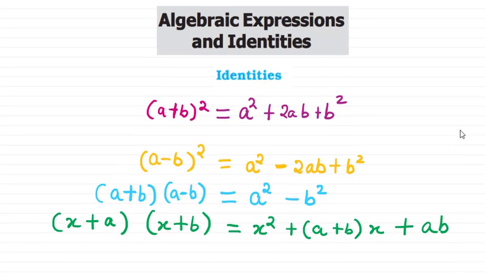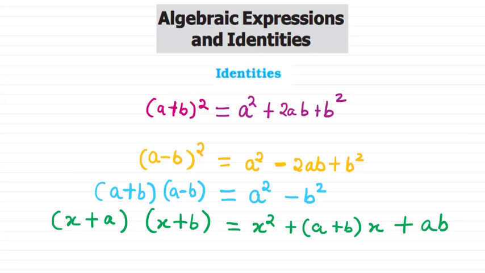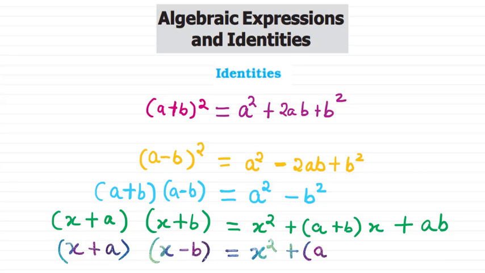And in case you get a negative sign in these, that can also be solved with this. It's also very easy. If you have x plus a as your first term and the second term is x minus b, simply take x as the first term and write the second term as plus, with b inside a bracket.